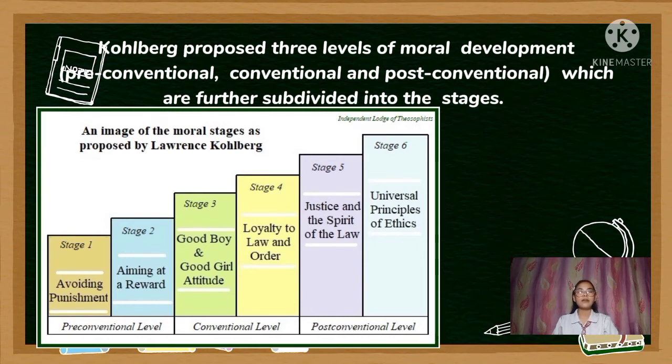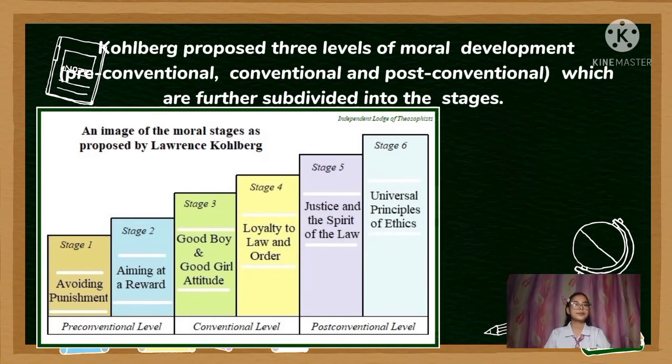In the conventional level, we have stage 3, the good boy and good girl attitude, and stage 4, loyalty to law and order. And under the post-conventional level, we have stage 5, the justice and the spirit of the law, which we can also call the social contract. And stage 6 is the universal principles of ethics.